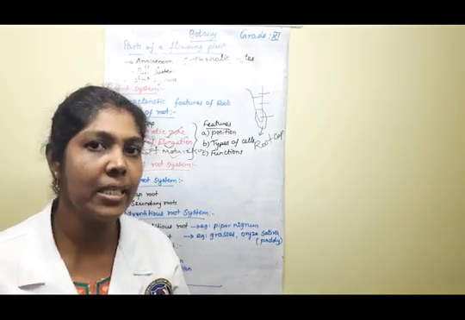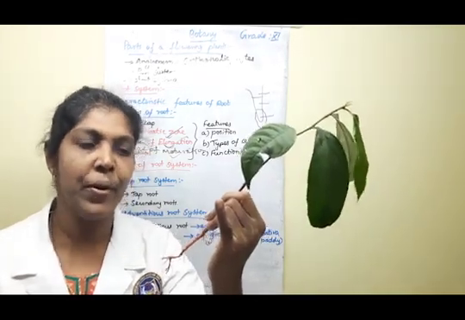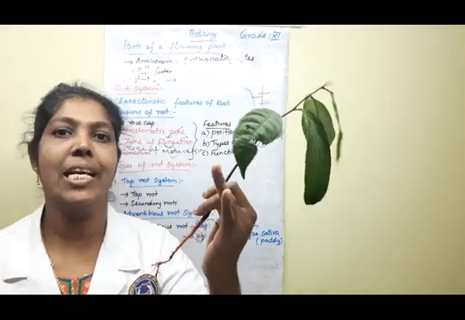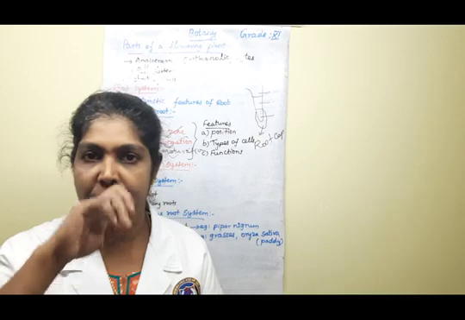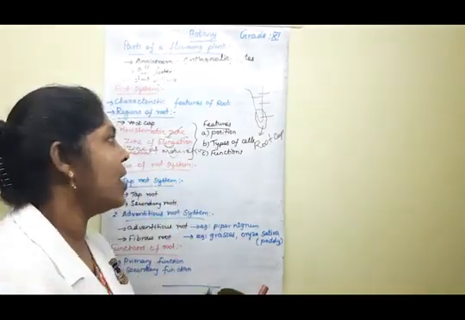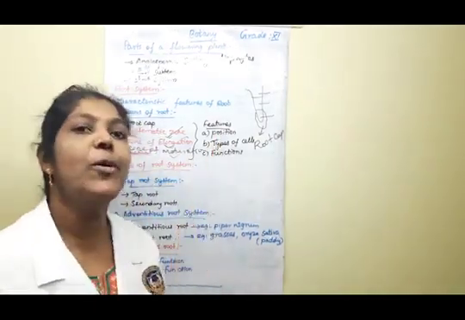What are the three characters? Position based. Very good. What is the type of cell present, and what is the function of that region. Okay.